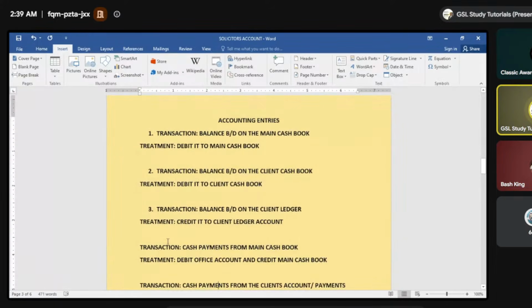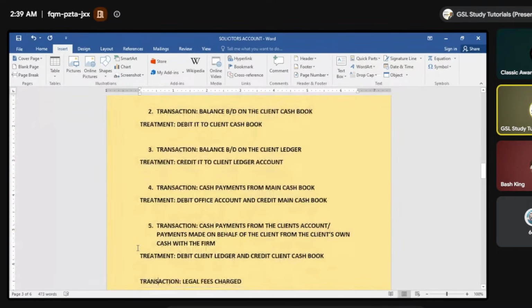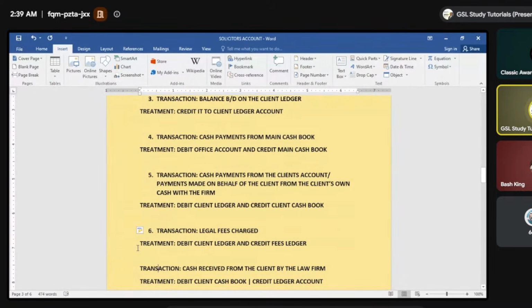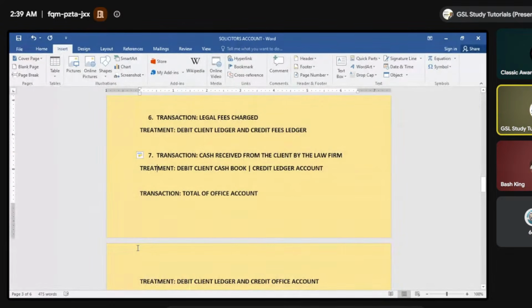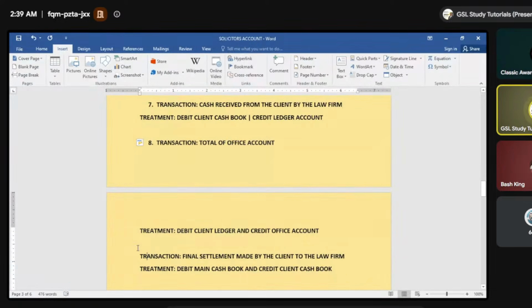Then we'll come to 4, 5. So now we're having about 6 rules. 6. Okay, there are more than that. 7, 8. So we have 9.